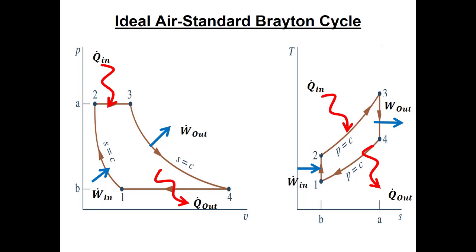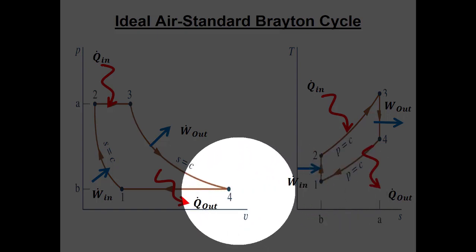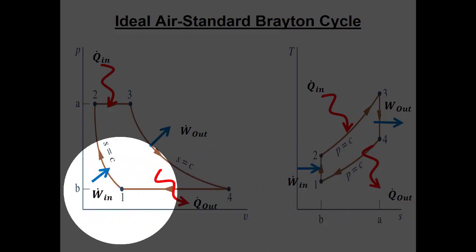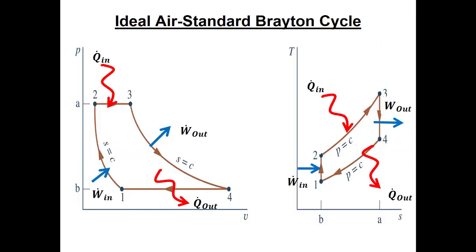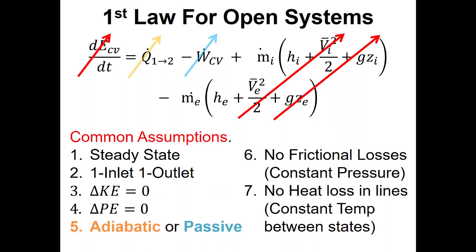Because we're exiting into the atmosphere, the pressure at state 4 is atmospheric pressure, and because we're pulling air in from the atmosphere, the pressure at state 1 is atmospheric pressure as well. So we can model this heat rejection process as happening at constant pressure.